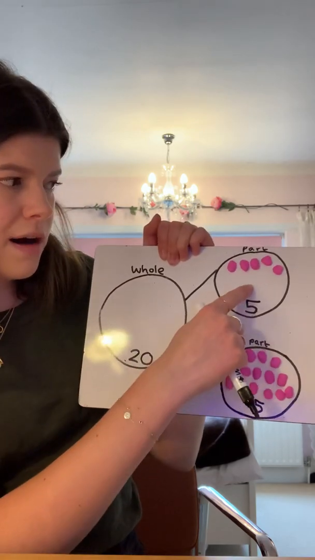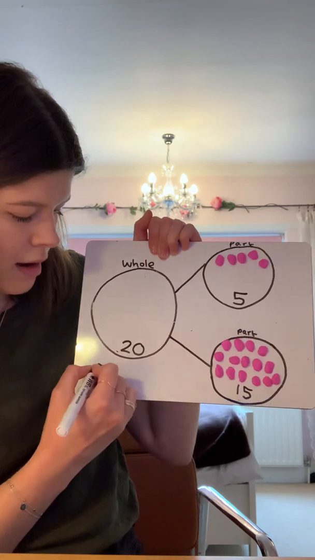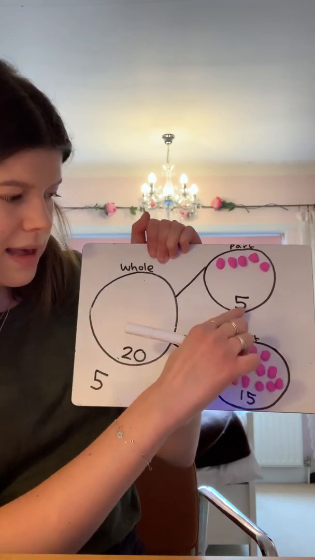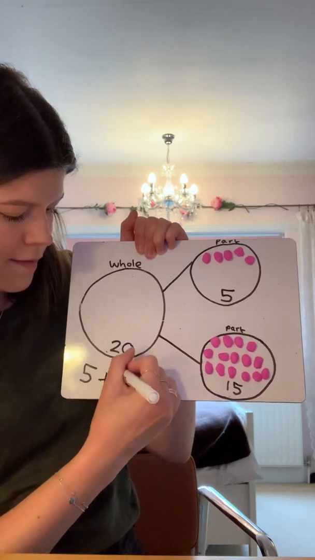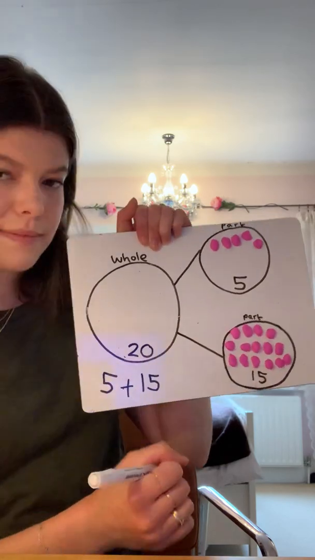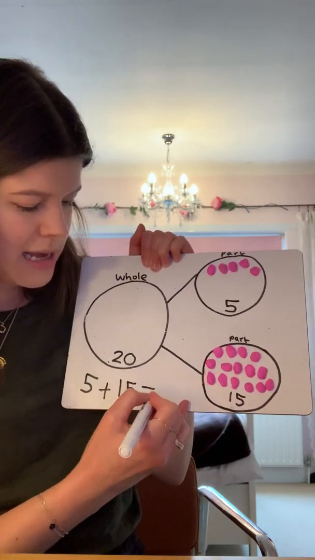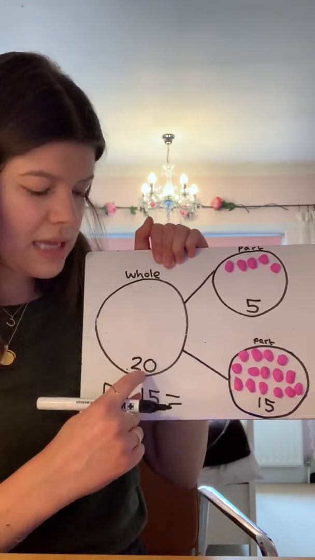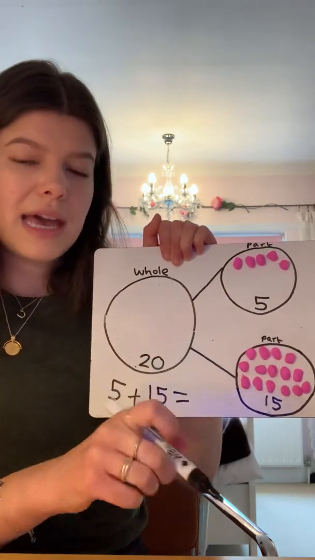Okay, so I do my first part first, here, so 5 add 15, okay, and then I want to know what it's equal to. Now, I know that it's 20 because I counted out 20 things, but I'm going to show you as I move them back.